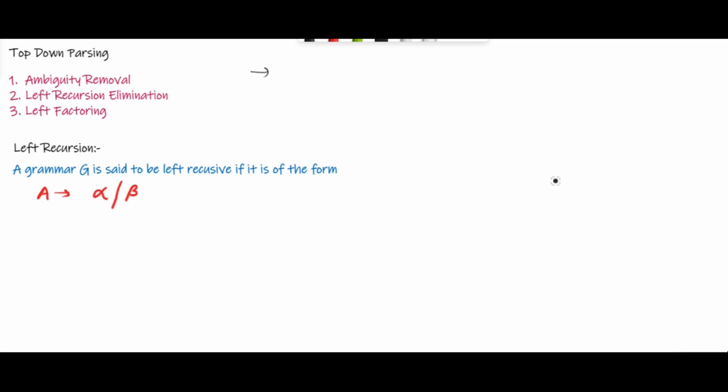So first is what do we mean by left recursion?